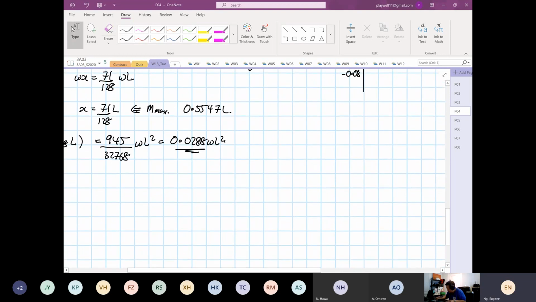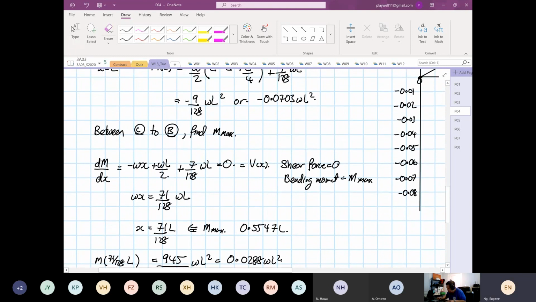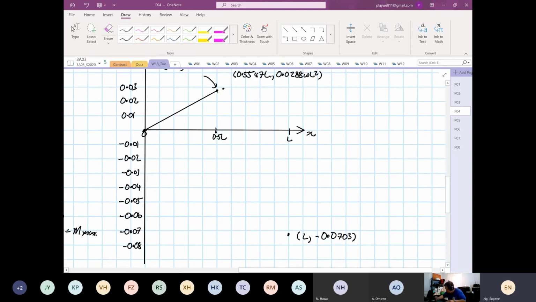Okay, is it 703? I'm right. Okay. So from here, you sketch your curve. It's not a straight line, it's a curve now. So this is how your bending moment diagram looks like.